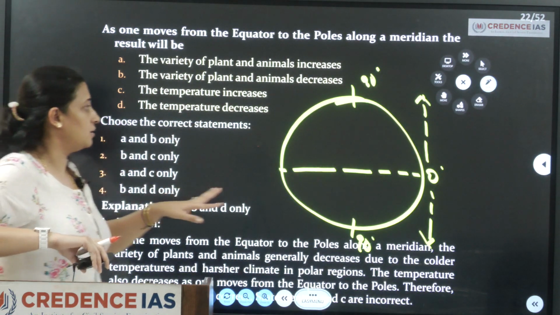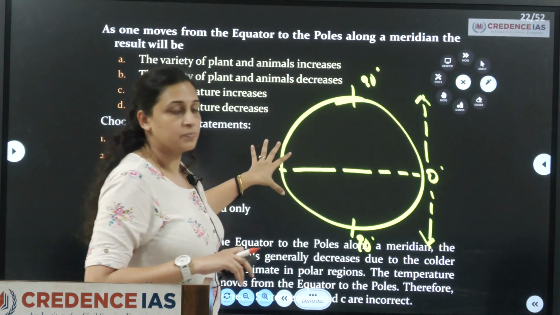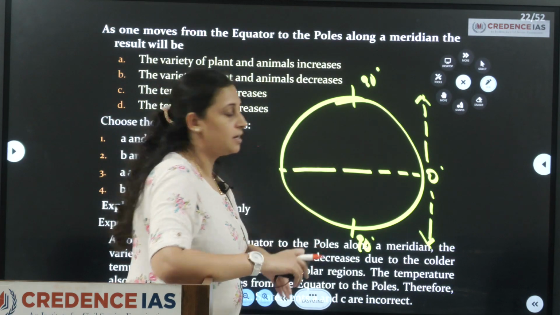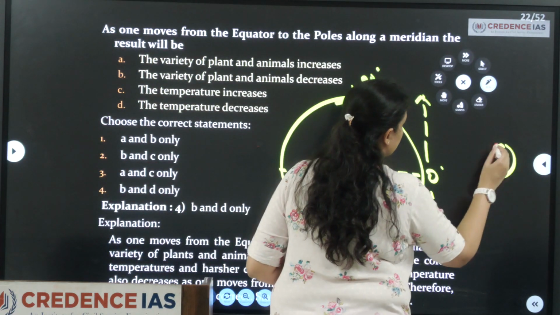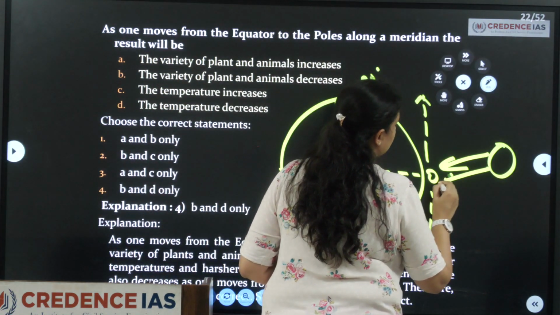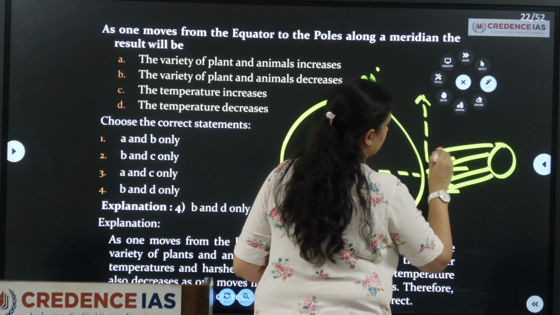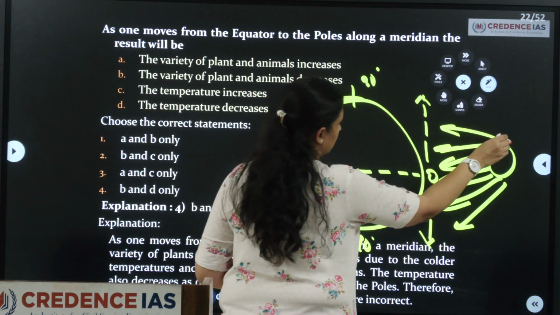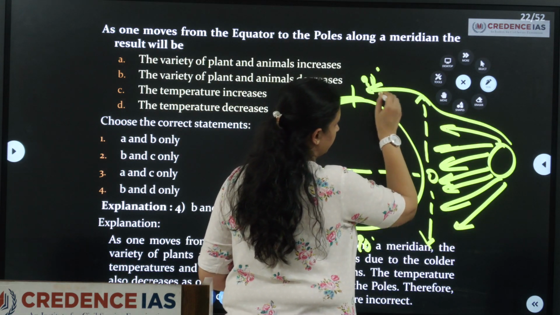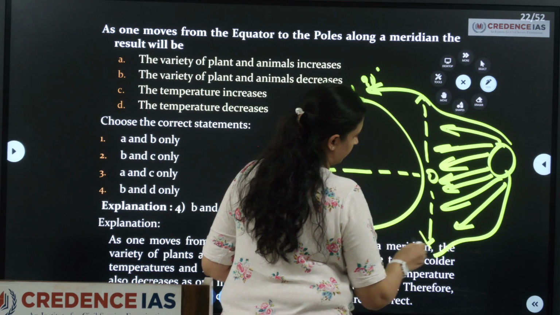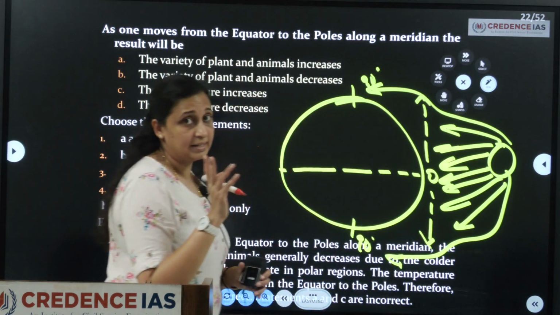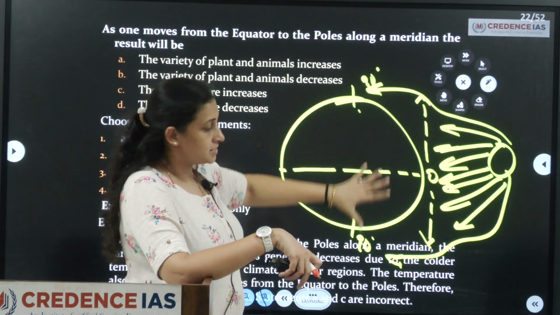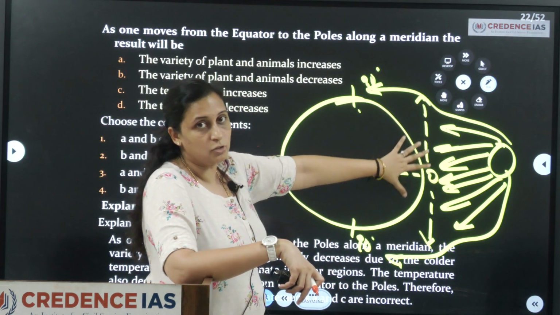Here we know in the equatorial region, plus or minus 5 degrees, the temperature will be very high, as the sun rays will usually be overhead. Now the sun rays reaching the polar areas are very few, because the intensity of sunlight reaching the polar areas is very low compared to the equator and the tropical region.